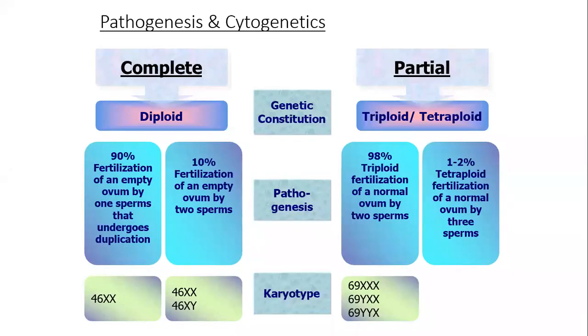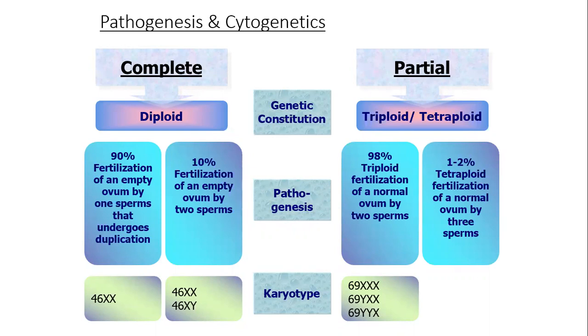So for the pathogenesis and pathophysiology, the complete mole is usually diploid, and 90% occurs from fertilization of an empty ovum by one sperm that then undergoes duplication to form the diploid. The remaining 10% results from fertilization of an empty ovum by two sperms to form the diploid nature.